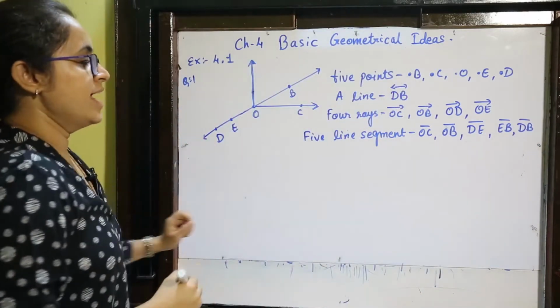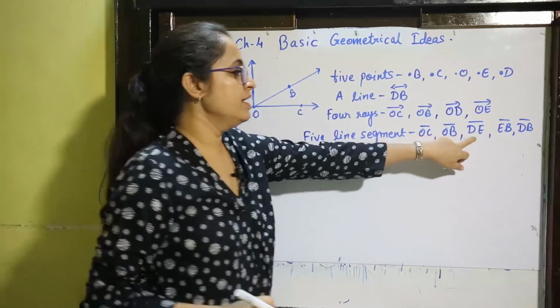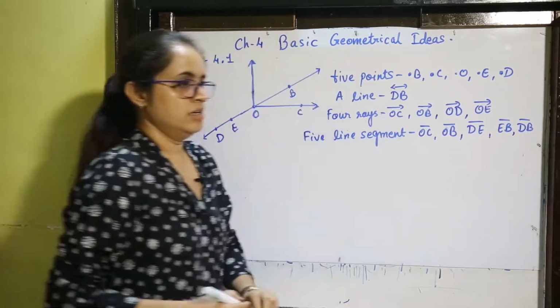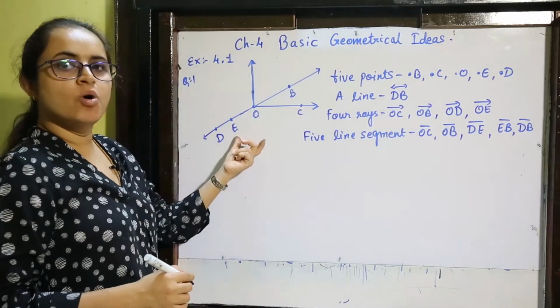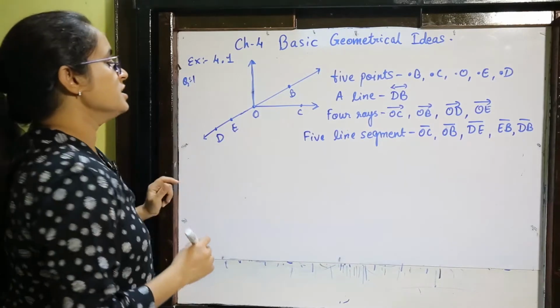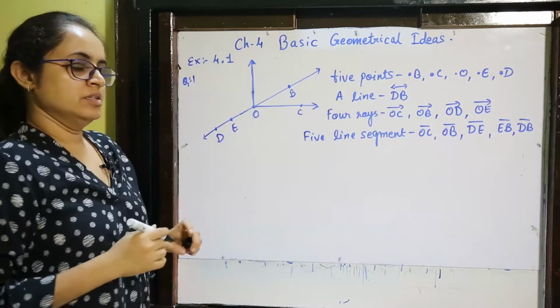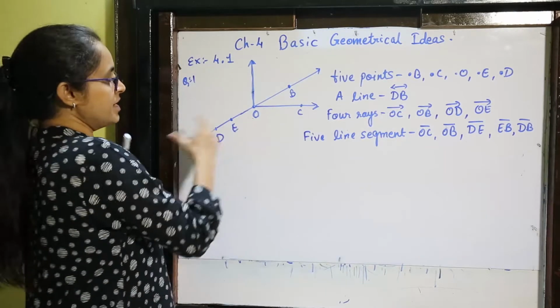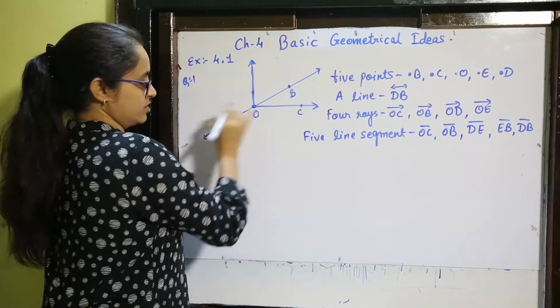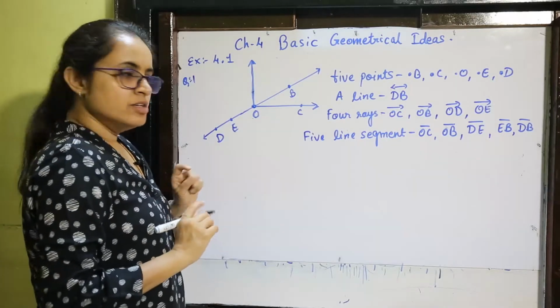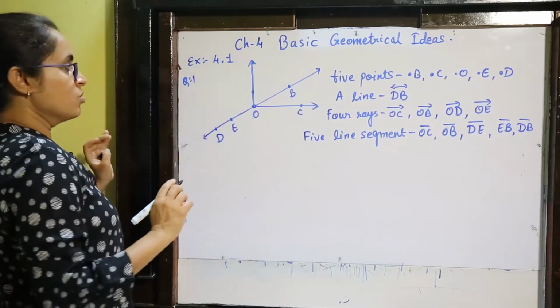So, there are 5 line segments OC, OB, DE, EB and DB. You can also mention one more line segment here, which is OD or OE. Okay? So, line segment means joining any 2 dots. Clear? So, this is how your first question is over.